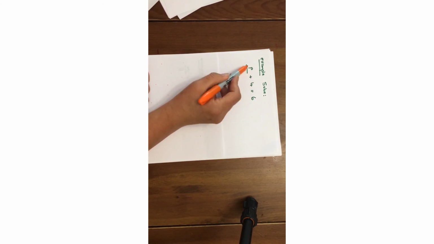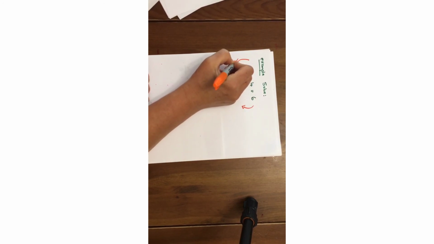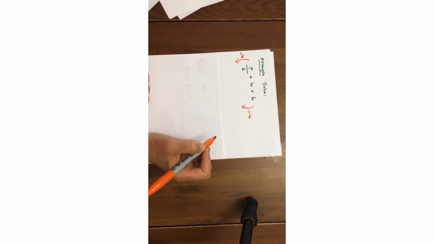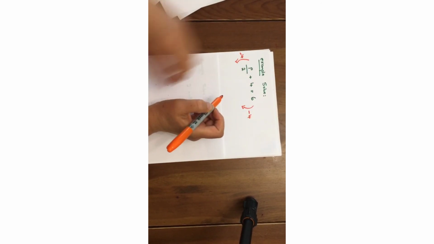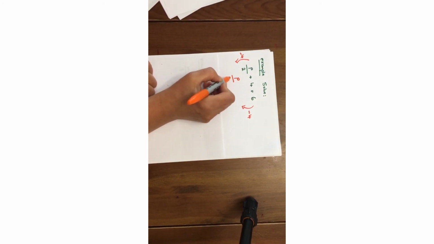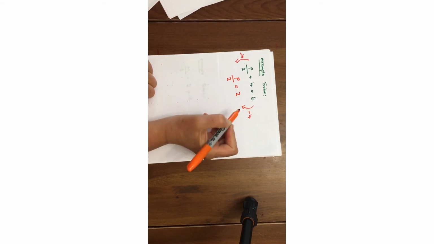This is now dividing. So what do I do first of all? I'm going to take away 4 from both sides of the equation. Subtract 4. So minus 4 and add 4 will cancel each other out. So I'm left with p divided by 2. 6 take away 4 is 2.